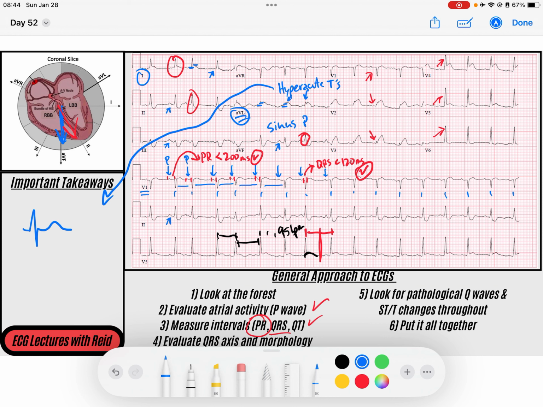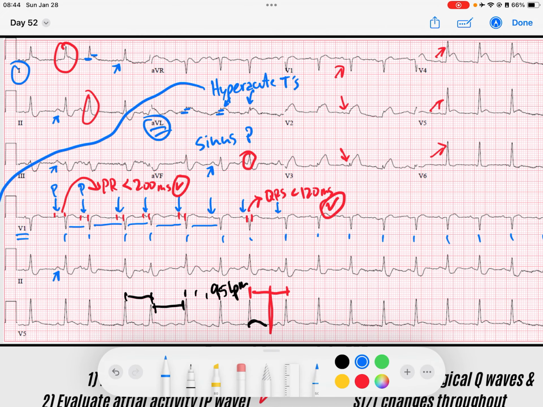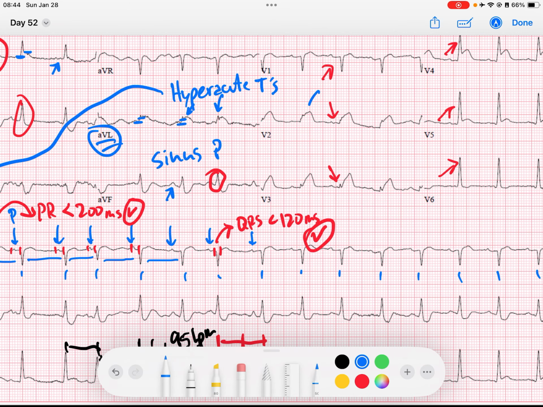But a hyperacute one, if I have the same exact QRS, is essentially going to increase its area under the curve. And so notice how the area under the curve of this T wave compared to this T wave is much different. And really it's because the ST segment creates hyperacuity. And so you can see that happens here. We have an increased area under the curve of this ST and T wave in the lateral leads.